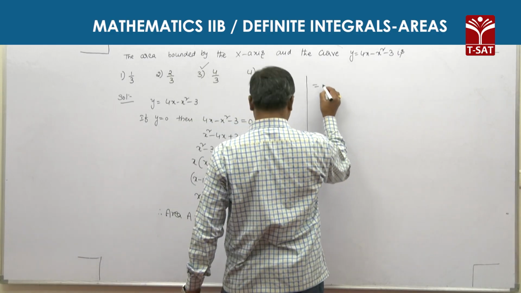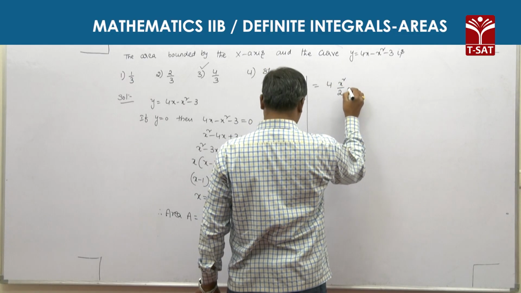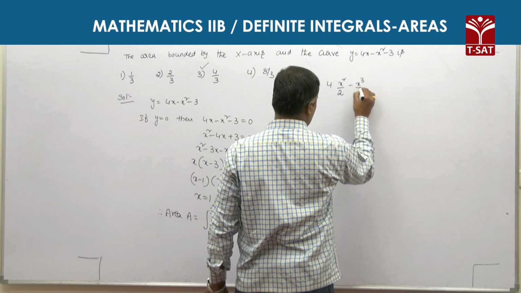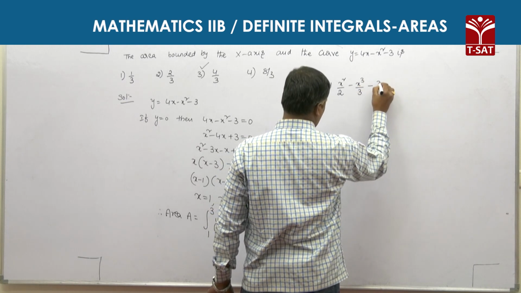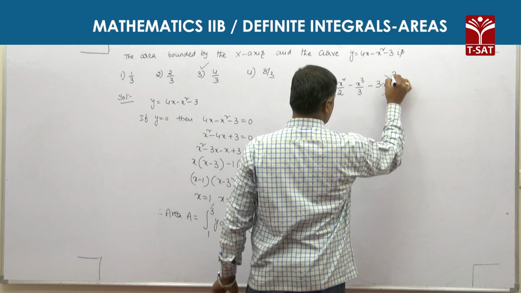that is equal to 4 into x integration x square by 2, minus x square integration x cube by 3, minus 3 integration 3x, limits 1 to 3.